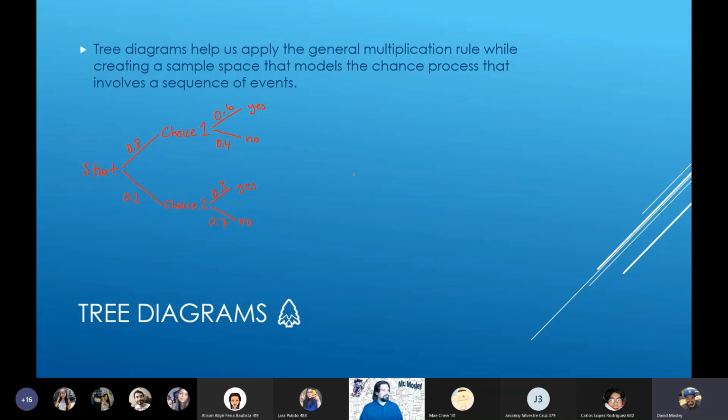All right. So that's the basics of how to set up a tree diagram. It shows a series of options that go in sequence. So, any questions so far?